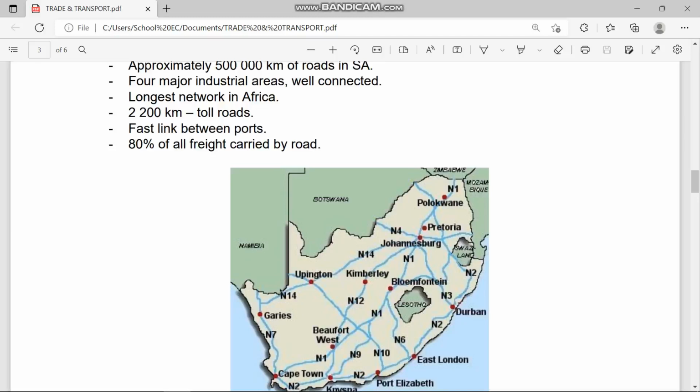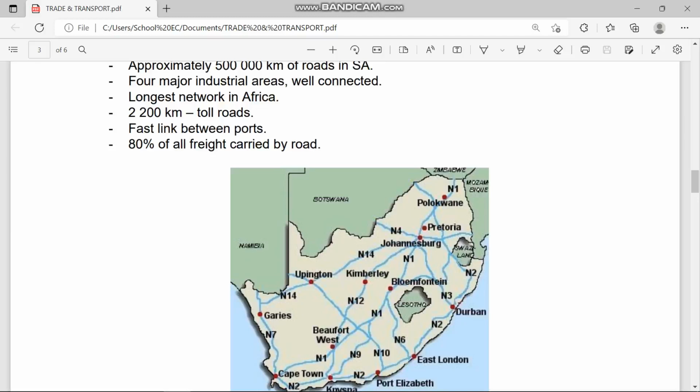As you know, Cape Town is mostly a port area, used mostly for shipping. You can see that N2 connects to Cape Town, as well as N1, N7, and other transport routes. For Johannesburg, the main ones are N14, N1, N12, N3, which is from Durban to Johannesburg, and N1 passing through.